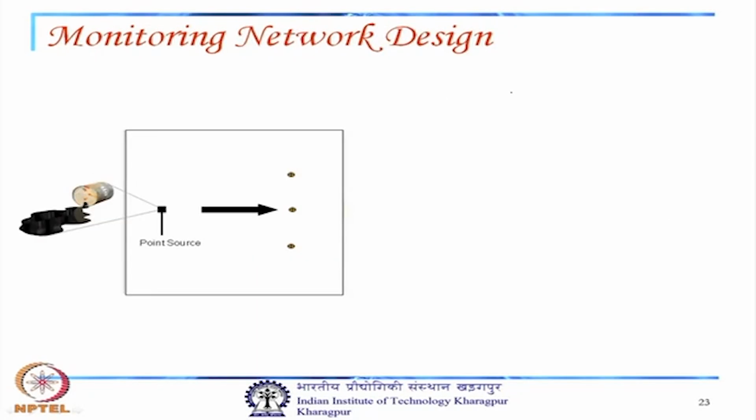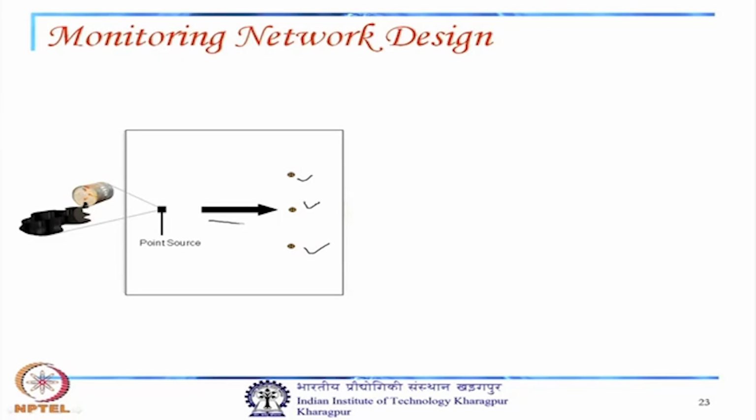So, this is about the water level. What about the contamination? Let us say we have a point source and we have 3 down gradient locations.